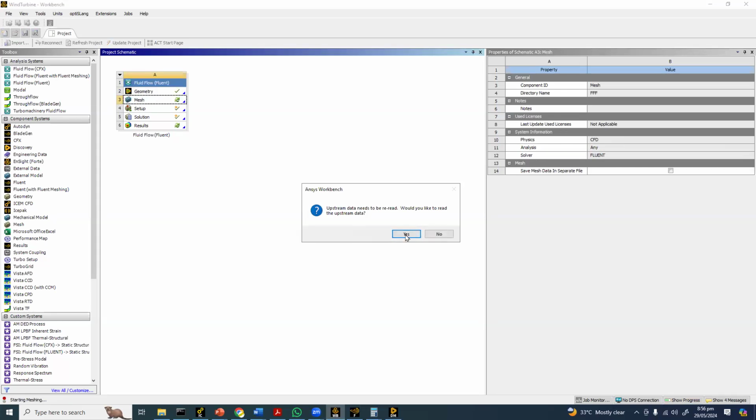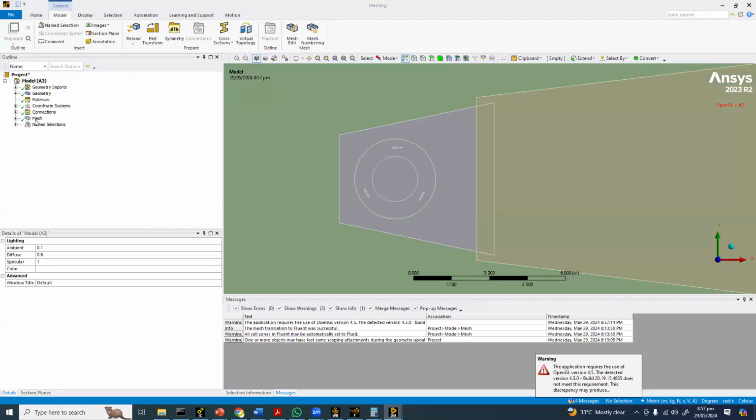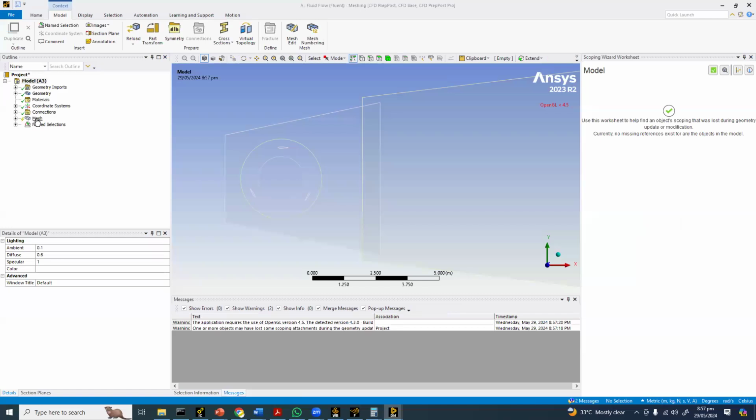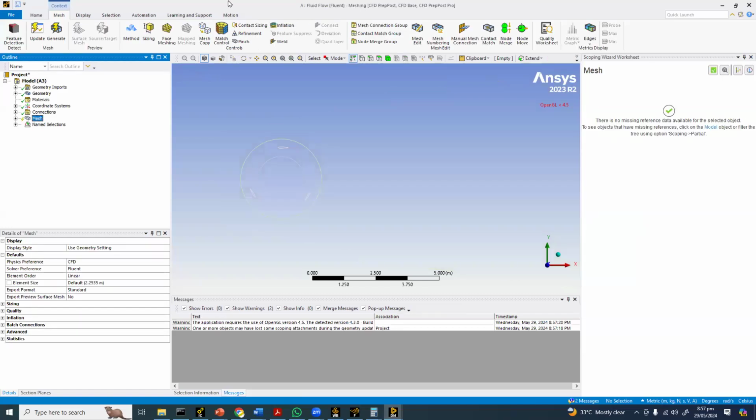Take it to the meshing software, and definitely you have to make a new mesh for the new geometry. Can you hear me?